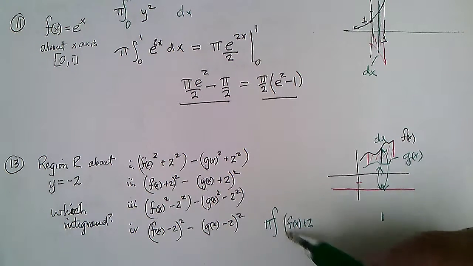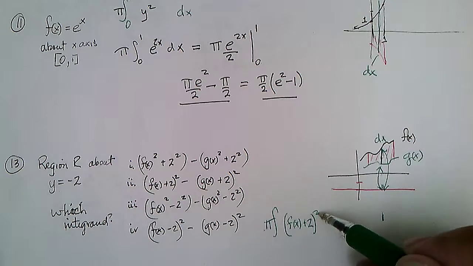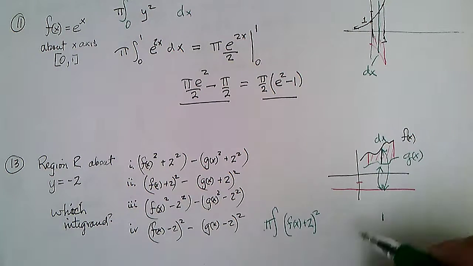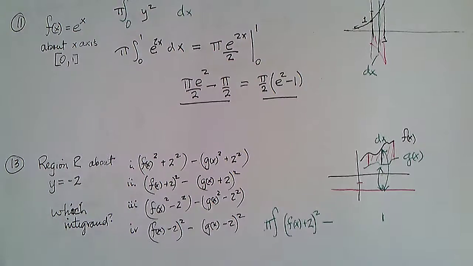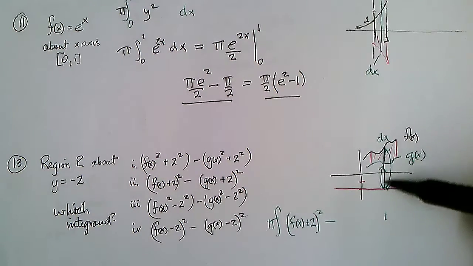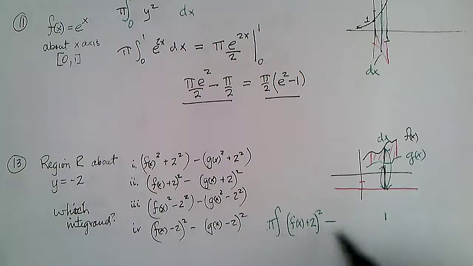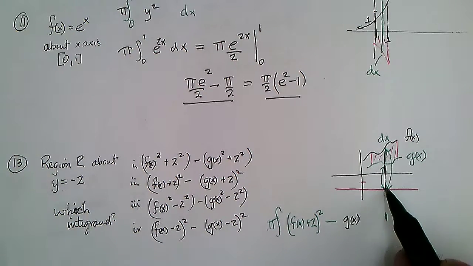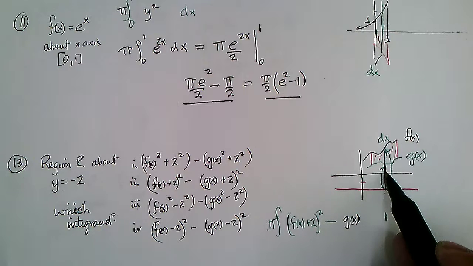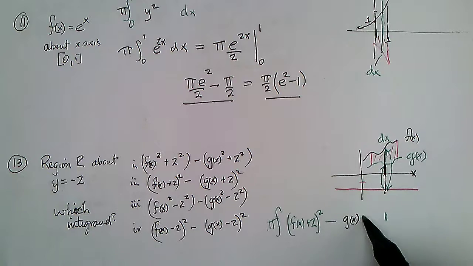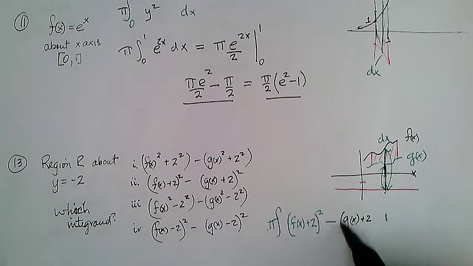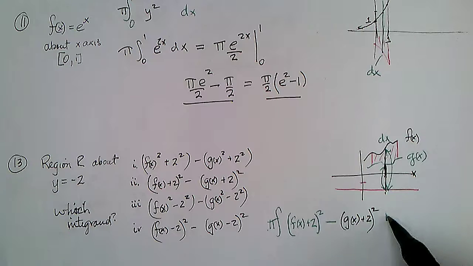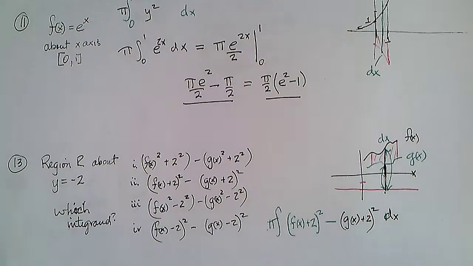So that would be the big radius, pi big radius squared, minus the smaller radius. That would be this one, which is g of x, plus the 2 more, because that's the x-axis. G of x plus 2. That's the smaller radius, squared dx. So the integrand would look like that.